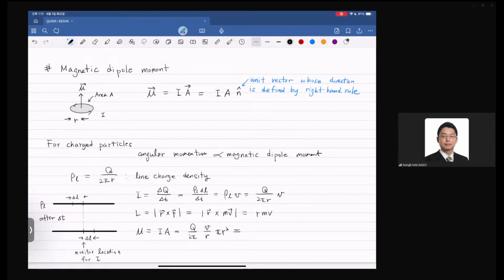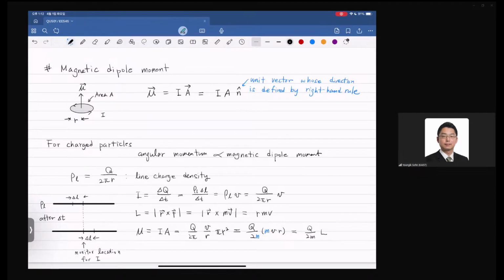And then if you cancel out these pi's, you can write it as Q over 2 pi R V times pi R squared, but I'm going to add M here, okay, M. Then what happens is that mu equals Q over 2M times L. All right, we found the proportionality constant between L, angular momentum, and mu, magnetic dipole moment. Okay, they're linearly proportional to each other for this simple model.